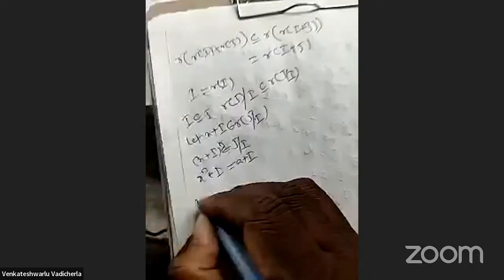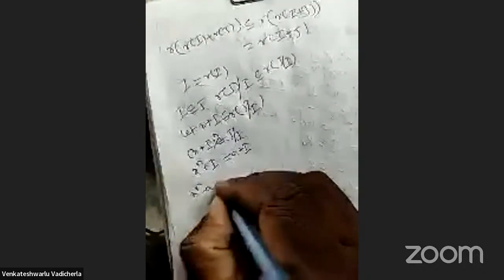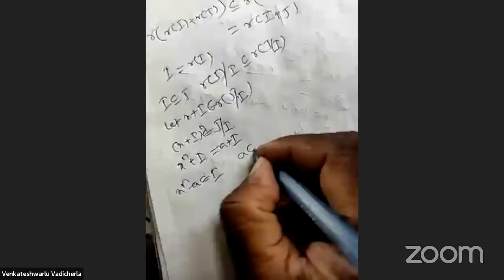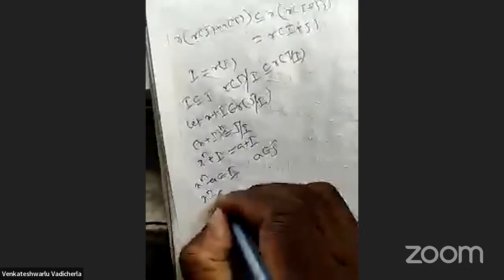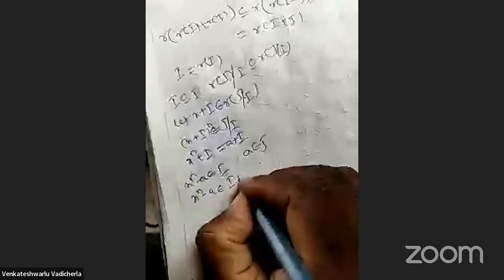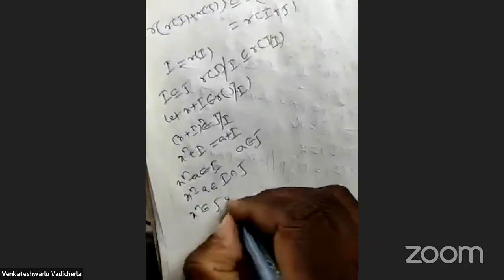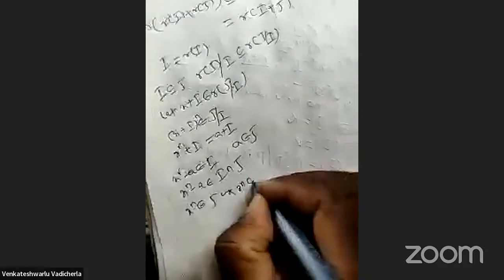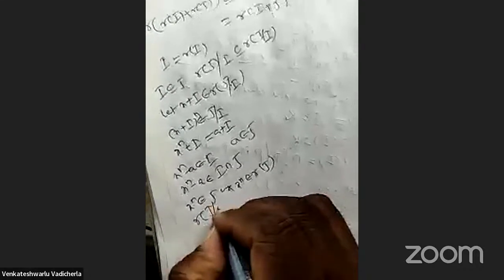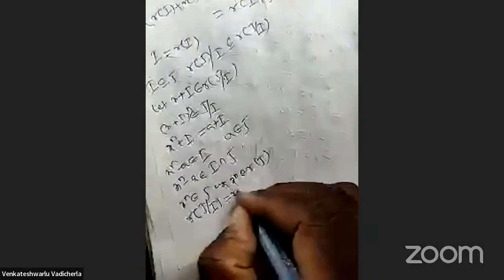So x^n minus a belongs to I, and a belongs to J. So x^n minus a belongs to I intersection J. So x^n belongs to J, and x belongs to the radical of J. So the radical of J over I is equal to the radical of J.